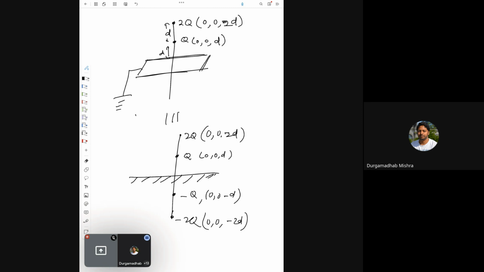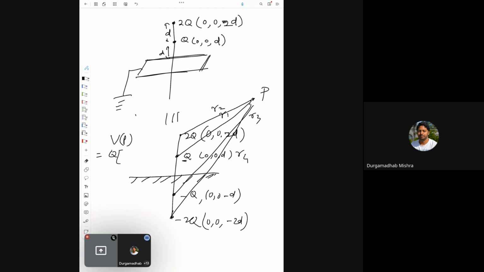Now find the potential at this point due to this four-charge distribution. Again, you simply write it as q over 4 pi epsilon naught, with R1, R2, R3, and R4.